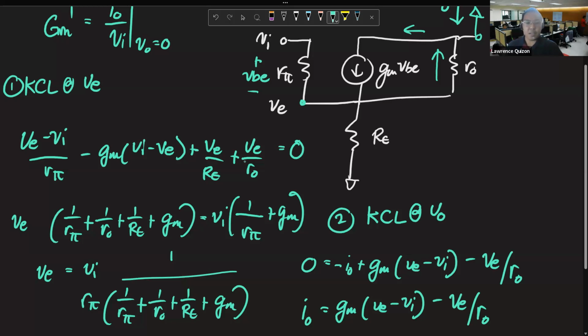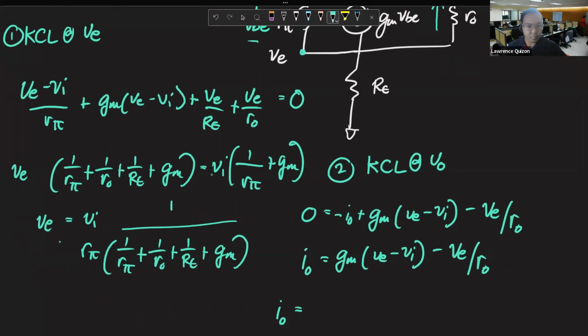Equals 0. And if you rearrange everything, no, this becomes plus GM VE minus V in. No? So this becomes plus GM. And then this is 1 over R pi plus GM sa taas. Alright.